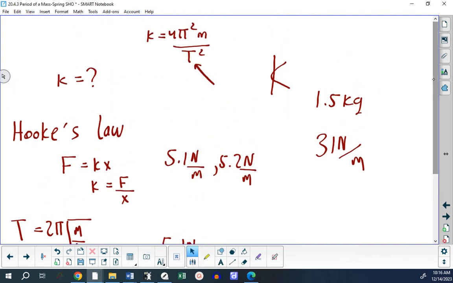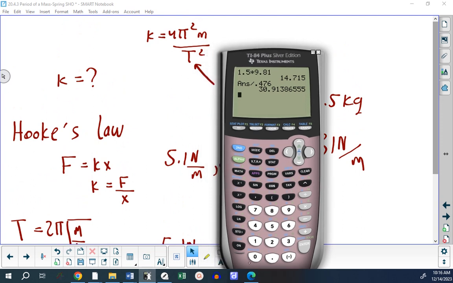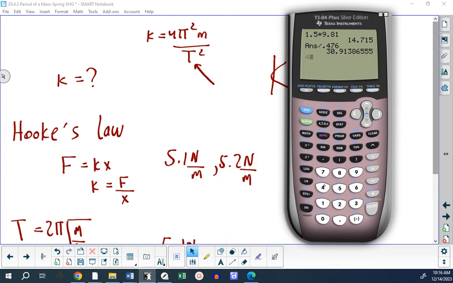I'll show you the formula again at the top of the screen. It's 4 times pi squared times the mass. I have 1 kilogram on there, divided by the period squared.